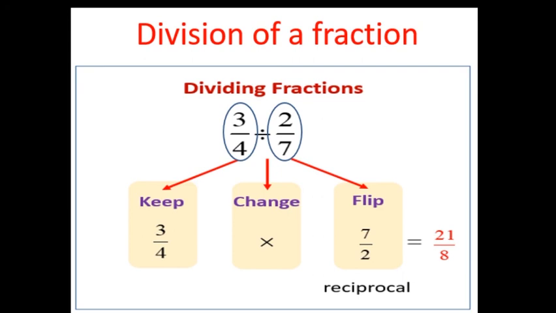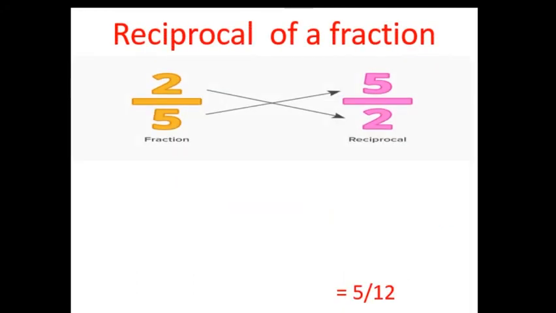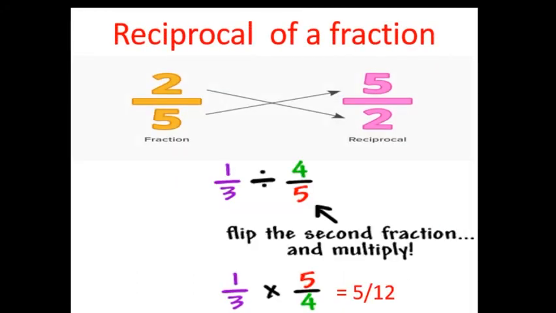Now the concept of reciprocal we will discuss here: 2 by 5 and 5 by 2. So what is the reciprocal of 2 by 5? 5 by 2. The numerator goes to the denominator and the denominator goes to the numerator.